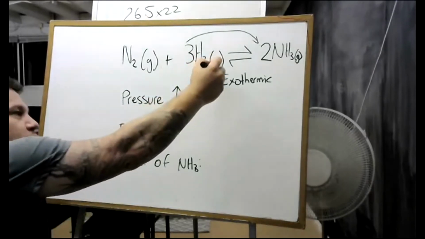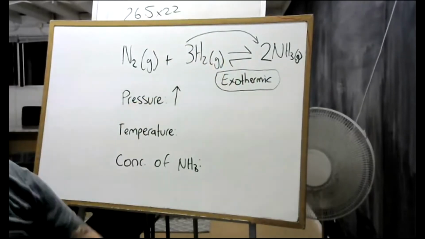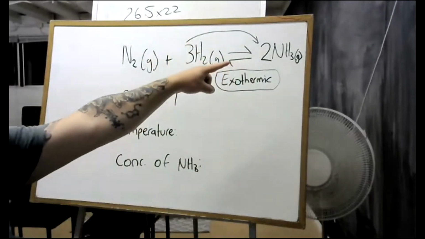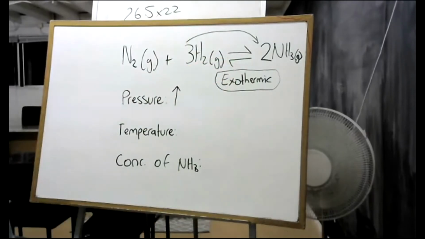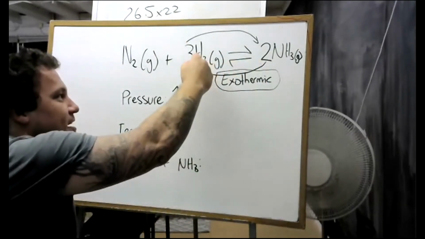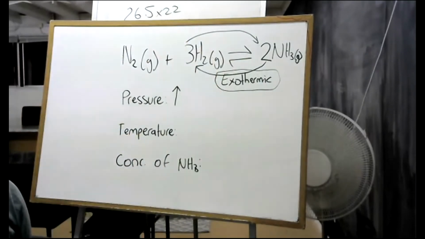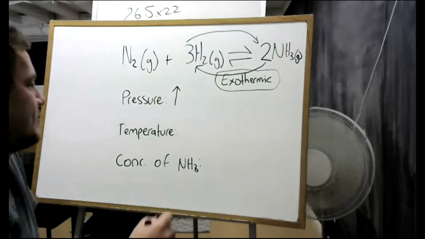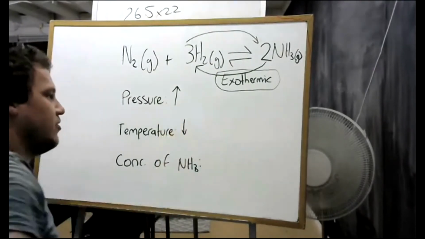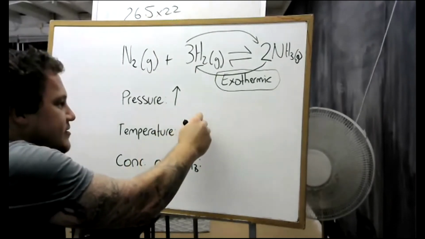This is the important part. An exothermic reaction, when it's going forwards, is releasing heat. When the equilibrium is favoring the reactants, it's absorbing heat. So we want to keep the temperature low. I say low, it's still 450 degrees Celsius.